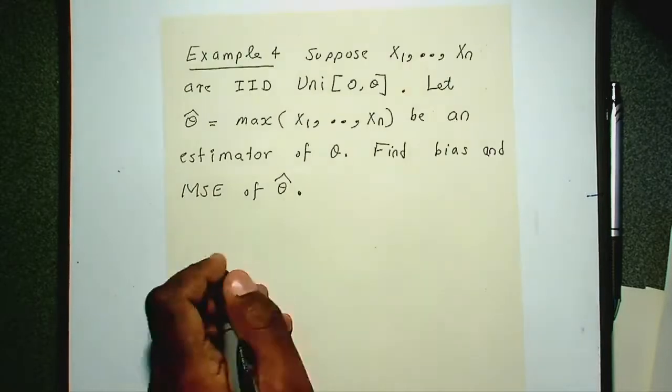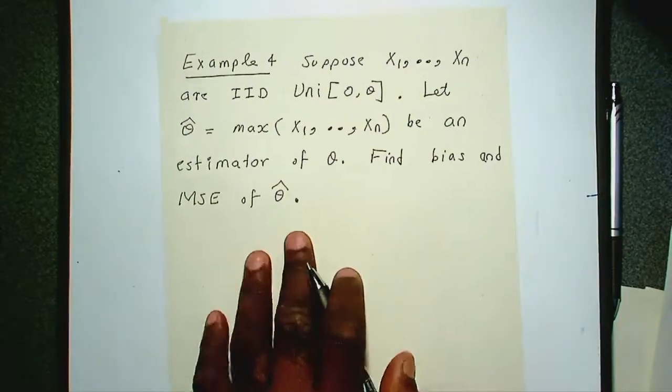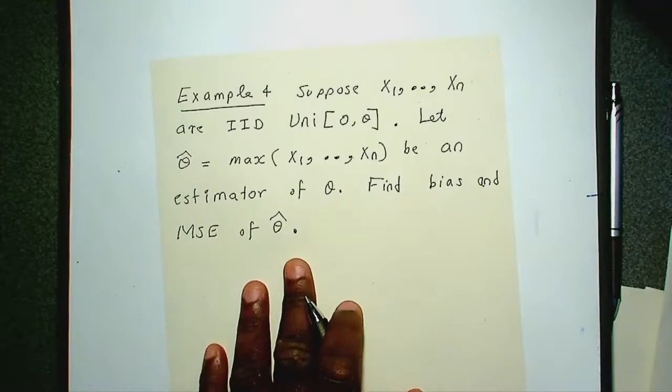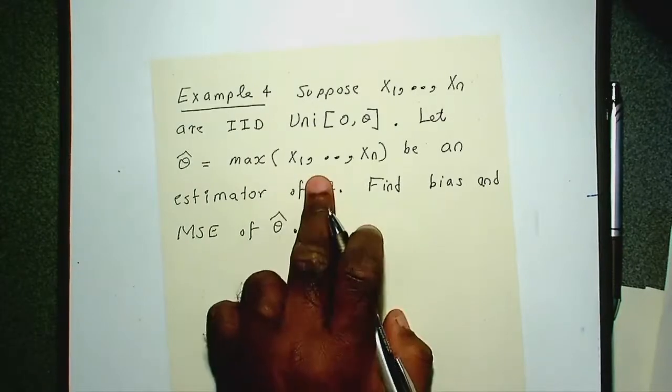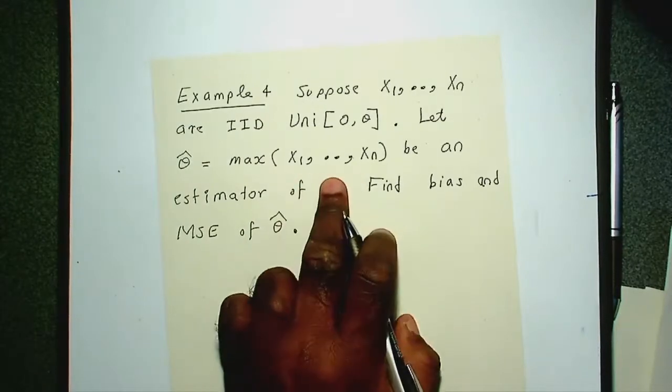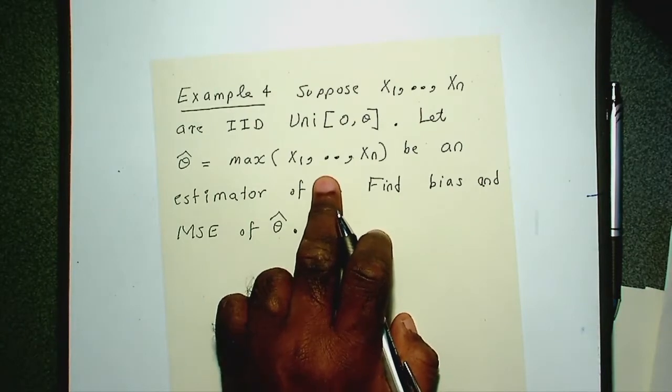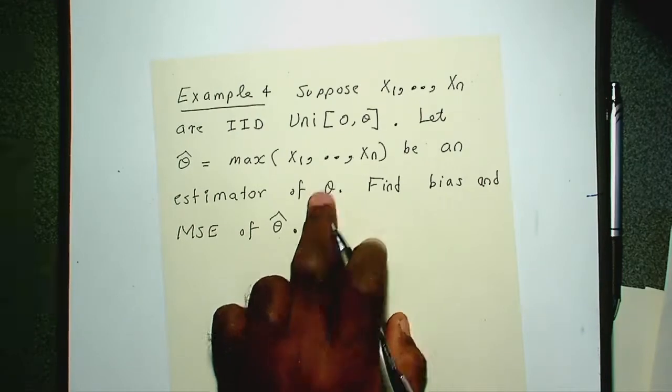Okay, so to questions like this, the first thing you must do is try to find the distribution of this, because this is a non-trivial function of data. So you need to start by finding the distribution. When I say distribution, I mean the CDF and the PDF of this, right?